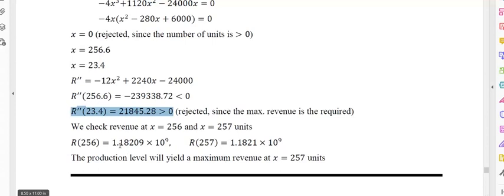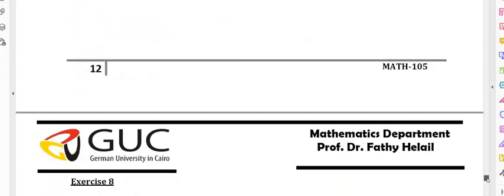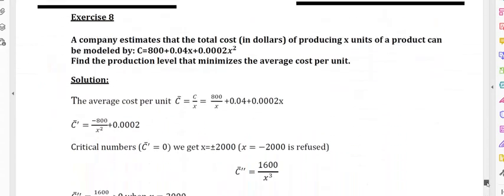So here we have 1.18 to 1.182, but here 1, so we would pick this point which slightly maximizes the revenue rather than the 25.6. These are very interesting problems in the core of your specialization.